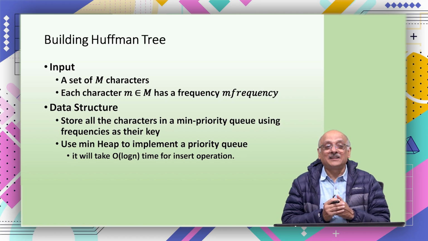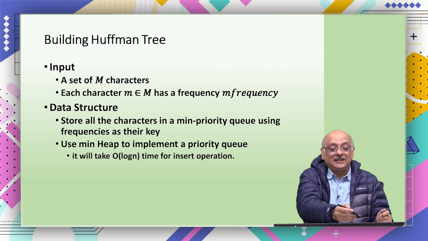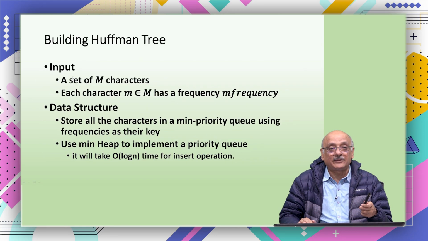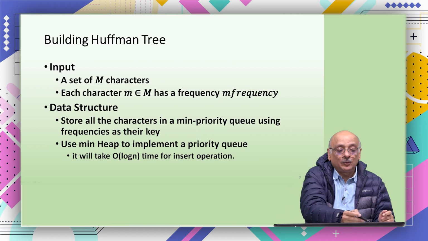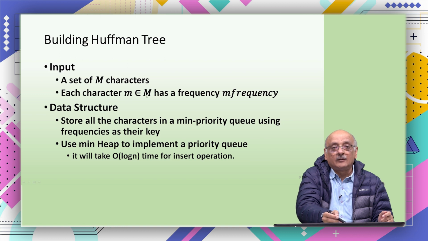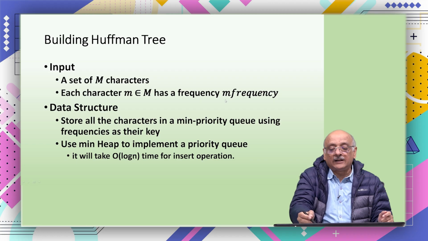Well, the algorithm or the steps when we want to build the Huffman tree: what is the input needed in case of a Huffman tree? The input needed is a set of m characters, and each character has a frequency, which we denote as m frequency.